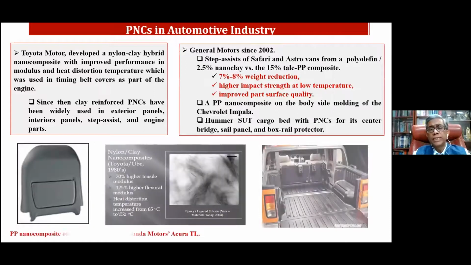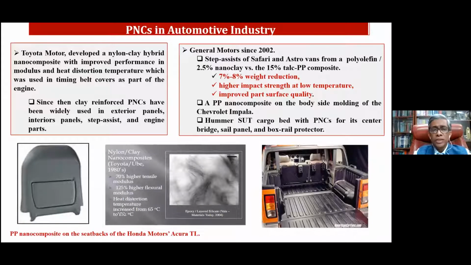As I said, the first nylon clay hybrid composite was prepared by Toyota Motors. They improved performance in modulus and, very importantly, the heat distortion temperature, so that it could maintain its properties at very high temperature. They have lots of applications, used for exterior panels, interior panels, step assist, and engine parts.